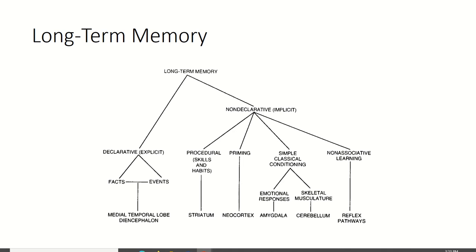Explicit long-term memory is stuff that you can talk about, that you can declare, whereas implicit long-term memory is stuff that you have stored in your system, but you don't show it through verbal responses, you show it through behaviors. And under that umbrella, there are a couple of different versions of that.